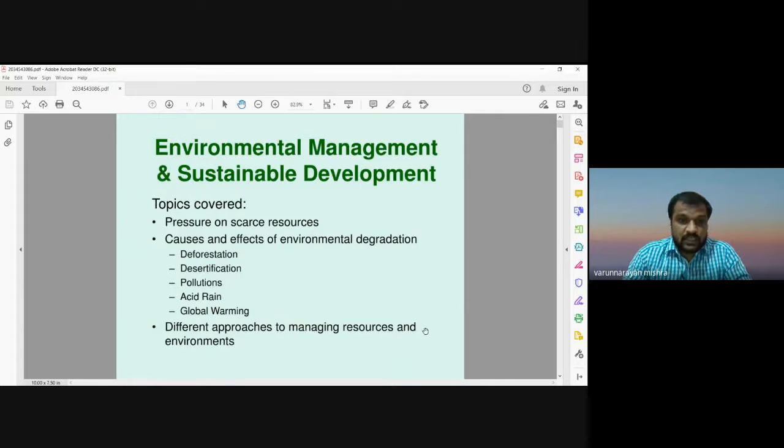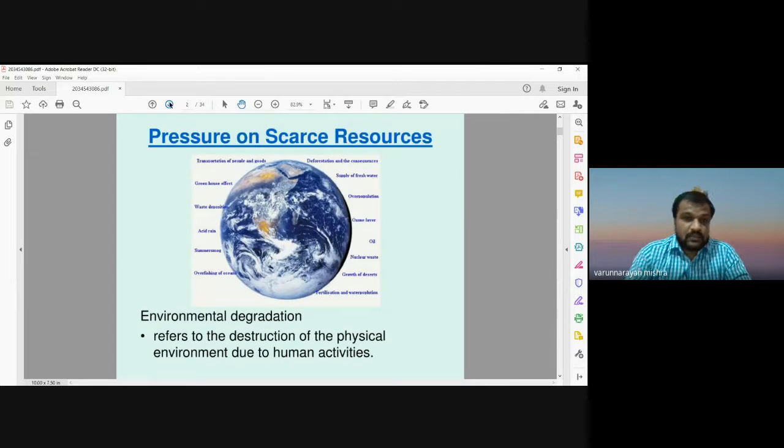So before starting, first I would like to start with what are the pressures on the resources. As we all know, there are different kinds of pressures on natural resources in terms of deforestation, supply of fresh water, over pollution, ozone layer, oil, nuclear waste, growth of deserts.